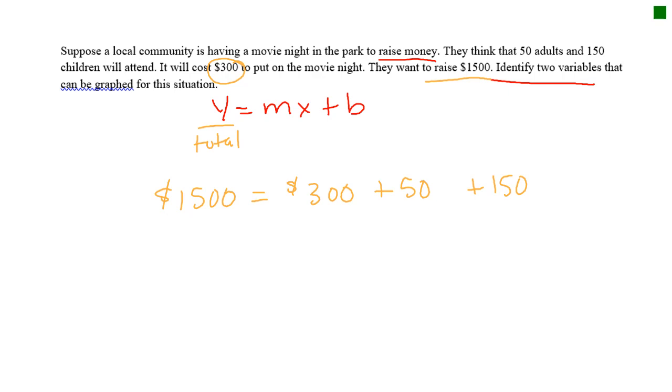for me to raise money. I know 50 of them are coming. 50 adults are coming. Do I know how much money I am going to make just from the adults? No, I do not. That means that A represents the cost of adults.